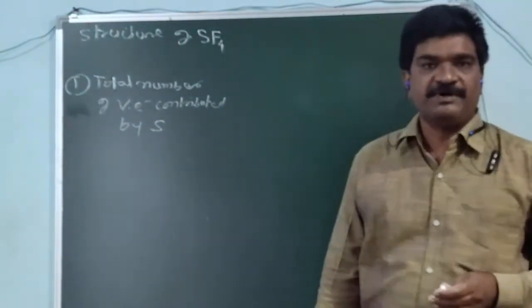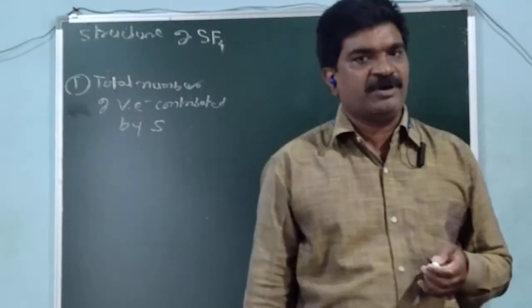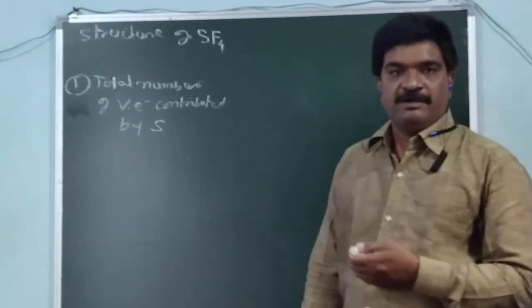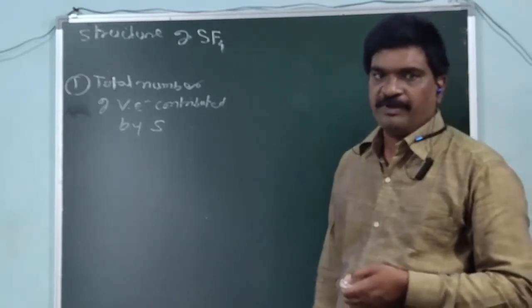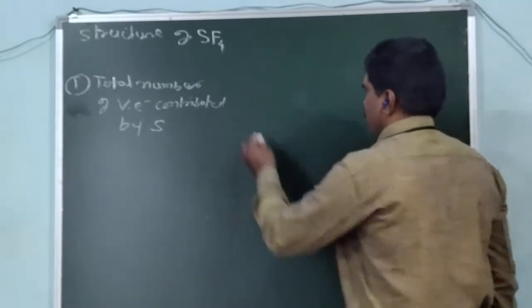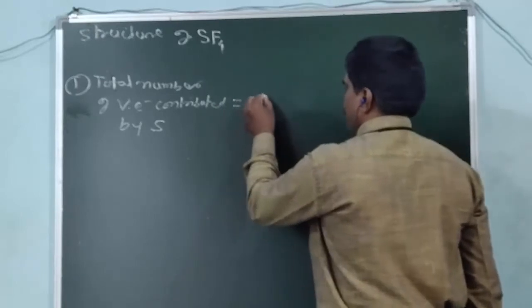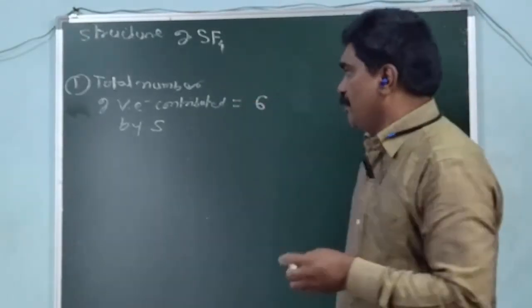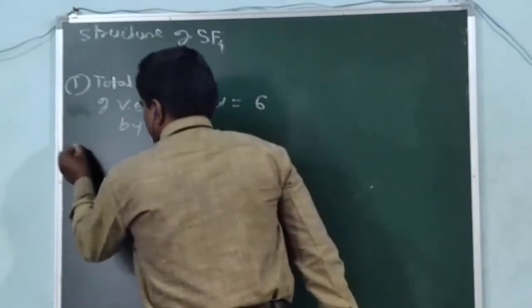Now we know that sulfur is a member of the oxygen family. Oxygen family is included in group number 6A in the long form periodic table. So the total number of valence electrons contributed by sulfur will be equal to 6. Okay. Now, number 2.